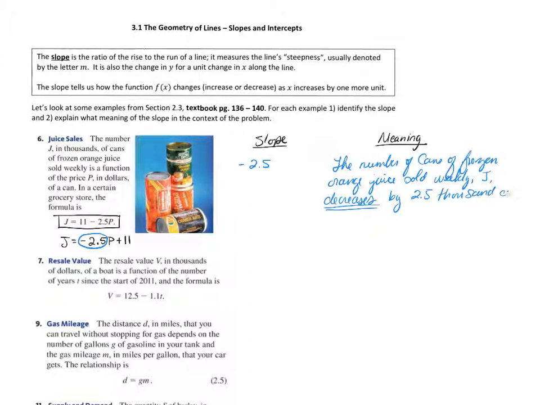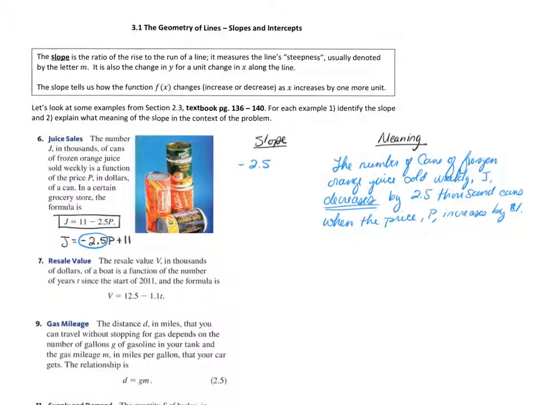And I know that it's 1,000 cans because that's the unit for J, right? And J decreases by that amount when the price, which is P, increases by an additional $1. So every time the price goes up by $1, or by one more dollar, we can expect that the number of cans of orange juice sold is going to go down by 2.5 thousand cans.